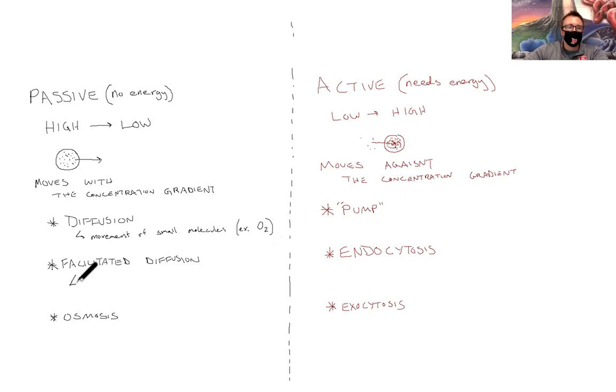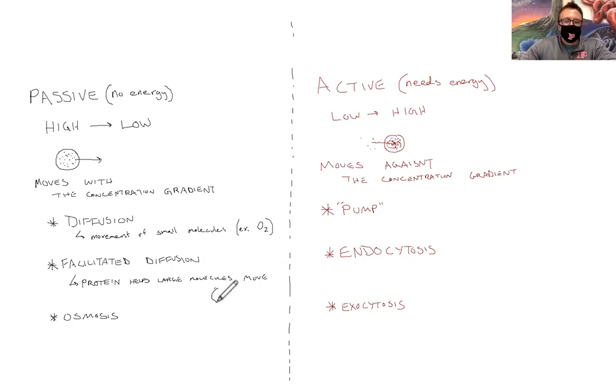Now, sometimes the molecules are kind of big. They want to go into the cell. They want to diffuse, but they need help. So facilitated diffusion: a protein, usually like a channel or something like that, helps large molecules move.